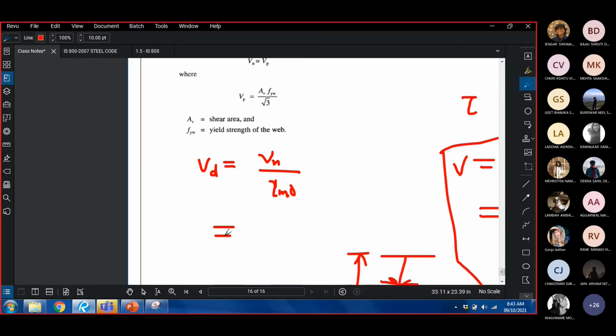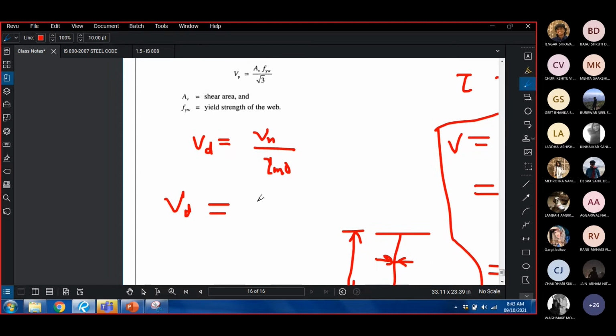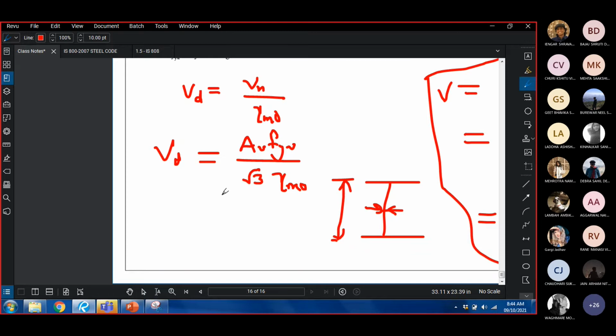So the design shear force V is equal to AV into FYW upon square root of 3 gamma m0. Okay. So this is equal to the total depth of the section into thickness of web into Fy of web upon square root of 3 into gamma m0.